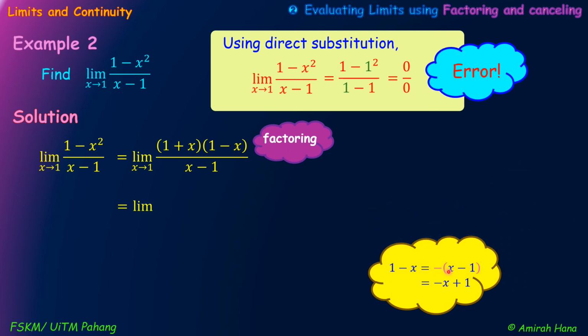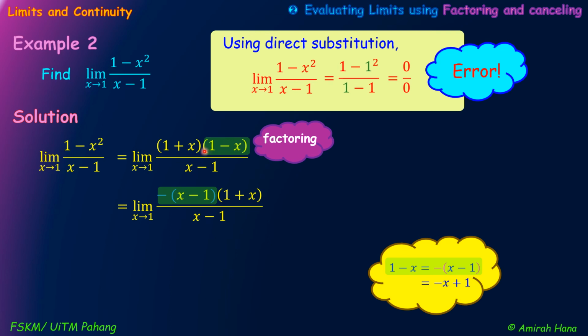So from here, we can write the limit as x goes to 1. We write 1 minus x equals negative bracket x minus 1. To avoid error, we better put the negative in front, because if you put the negative here, some students tend to make a mistake.